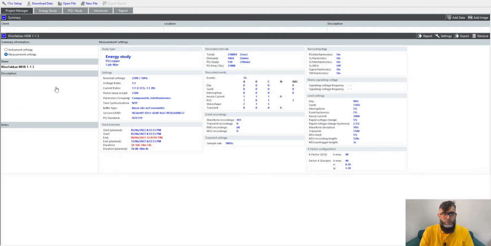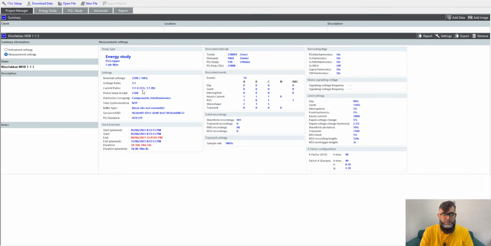This is a study done in one of our facilities. It was a medical facility, like a healthcare center, and let's go to these settings. This was a power log done for 3 days, 16 hours, 34 minutes, and our settings were very simple.